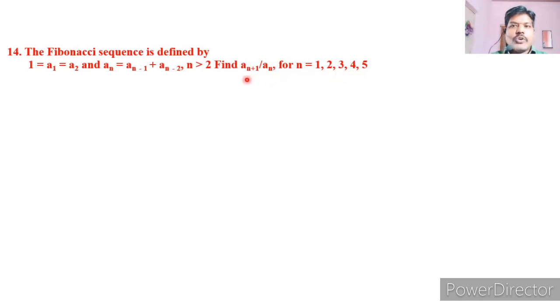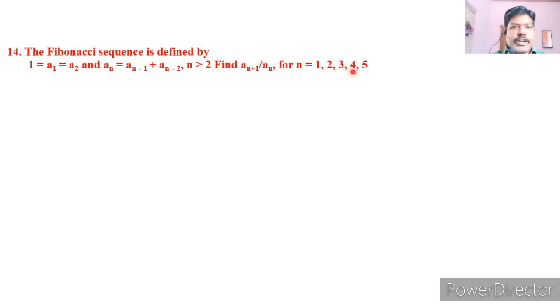If n is equal to 1, it becomes a2 by a1, so you need the a2 value and the a1 value. If n is equal to 2, it becomes a3 by a2, so you need the a3 value and a2 value. If you substitute 3, it becomes a4 by a3, so you need the a4 value and a3 value.